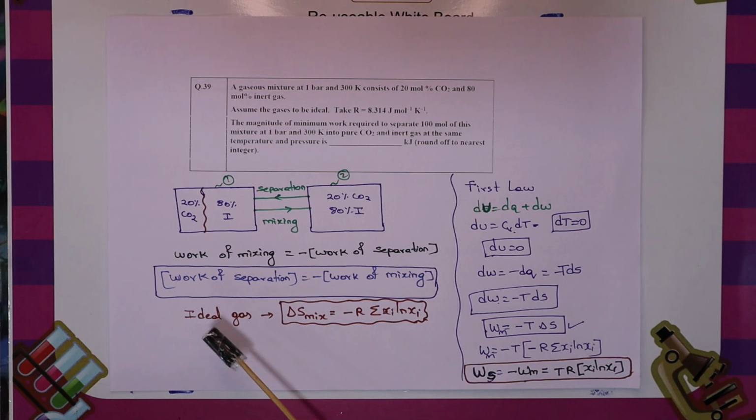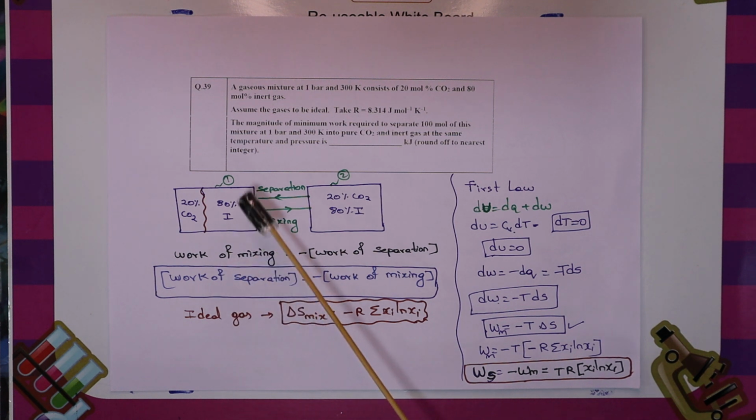And for ideal gas, let us assume this is an unmixed state and a mixed state. If I take the system from the unmixed state to the mixed state, the unmixed is state 1 and the mixed is state 2. Before I calculate the work, I should know the entropy of the mixing.